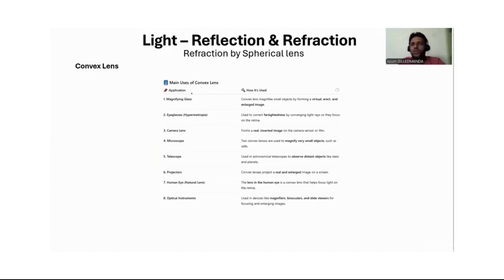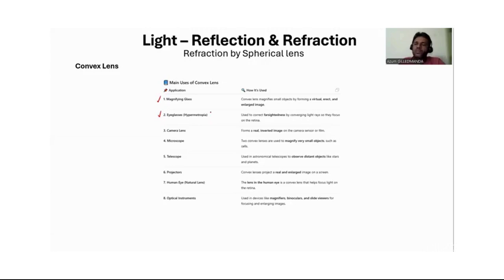You know the magnifying glass, right? With the magnifying glass, we see small objects in a bigger way, as magnified or enlarged objects. So in magnifying glasses, we use a convex lens. And also the eyeglasses, the spectacles.